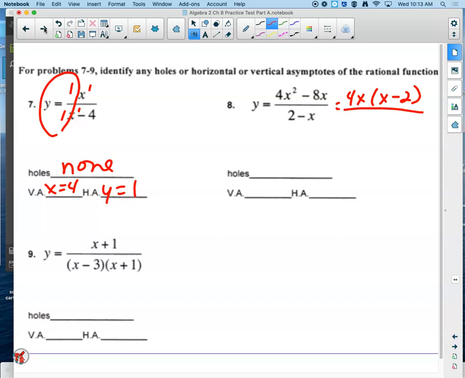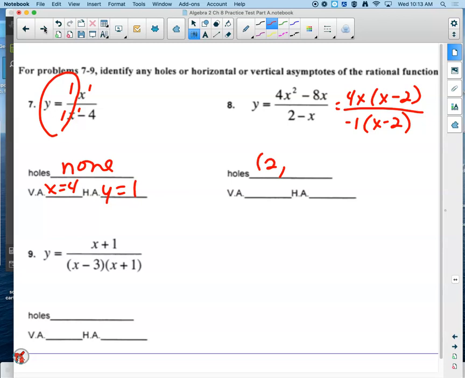Alrighty, taking a look at the denominator in number 8. Anybody remember how we can turn that around? Oh, that's interesting. So does this one have a hole? It does. What's the x value for the hole? And now we want to know where it is.